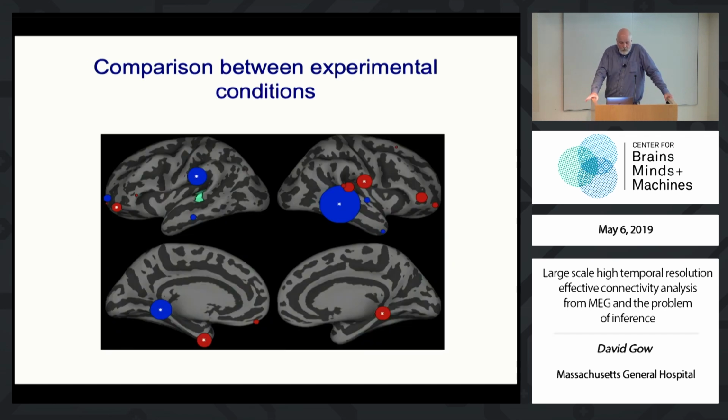Another thing that we're able to do is make comparisons between experimental conditions. We can do some basic inferential statistics, which is useful. So what we'll do is look at two different experimental conditions, and the technique that we use, which we stole from genomics, is we will bootstrap some p-values for every moment in time for the strength of the Granger causation measure.